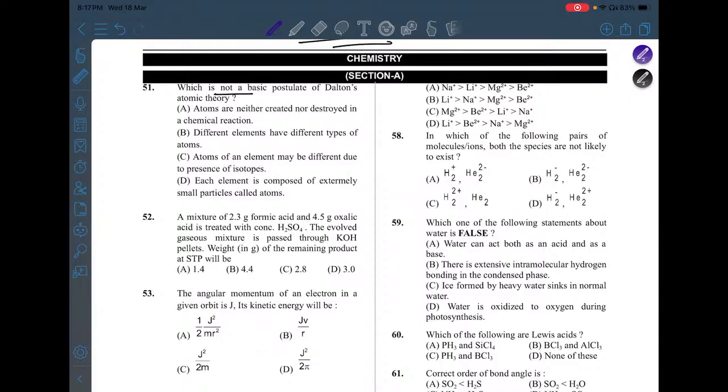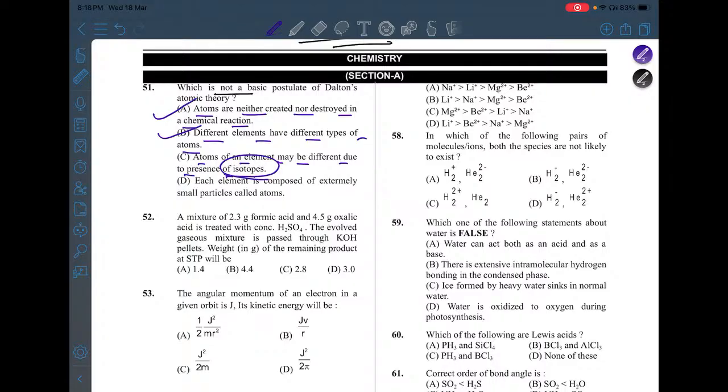The first statement is: atoms can neither be created nor destroyed in a chemical reaction. This is part of Dalton's atomic theory, and it is correct because this is explained by the law of conservation of mass. Different elements have different types of atoms. This is also part of Dalton's atomic theory. Atoms of an element may be different due to the presence of isotopes.